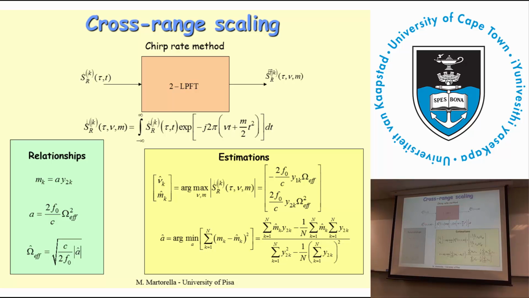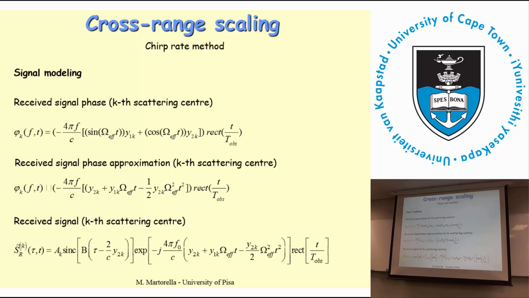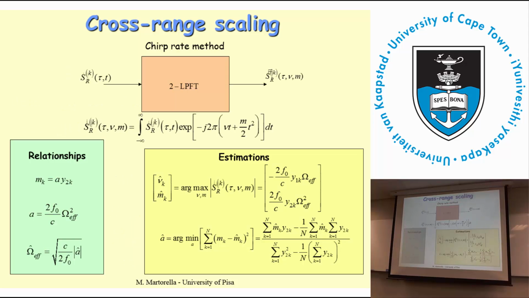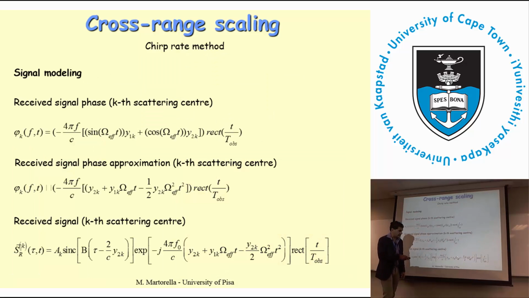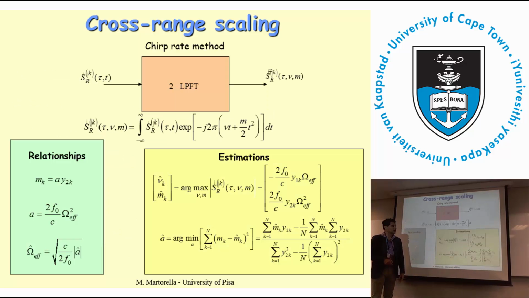So what happens now is that if this signal here that I'm receiving, which is this expression here, has a certain phase, a certain Doppler and a certain Doppler acceleration, it will match this when this Doppler and this m are exactly equivalent to this value here and this value here. One will be with the plus sign, the other one will be with the minus sign, and they compensate for each other.